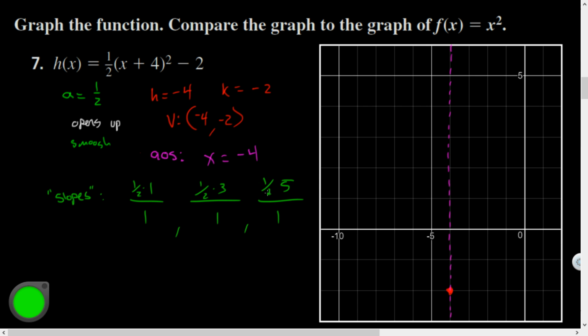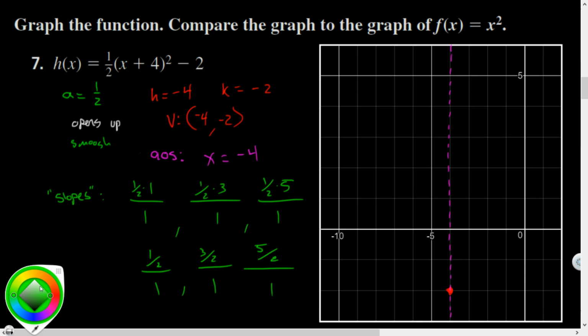And we did that, I think, in this video already. So up a half over 1, up 3 halves over 1, and up 5 halves over 1. And that means I'm going to want to count by half units, right? So I'm going to add some tick marks here halfway.